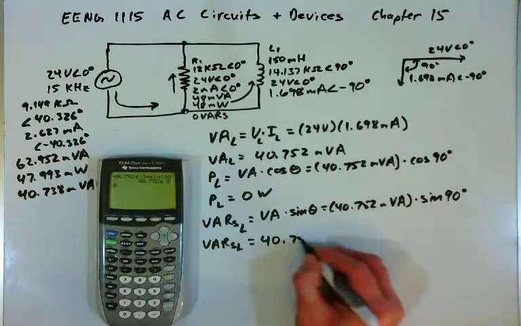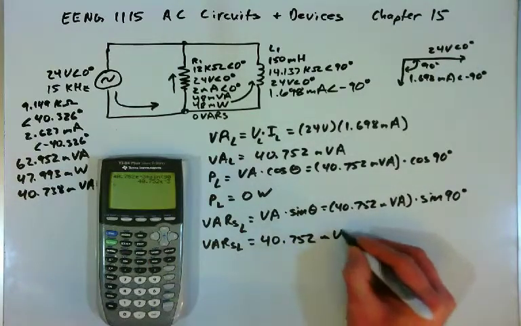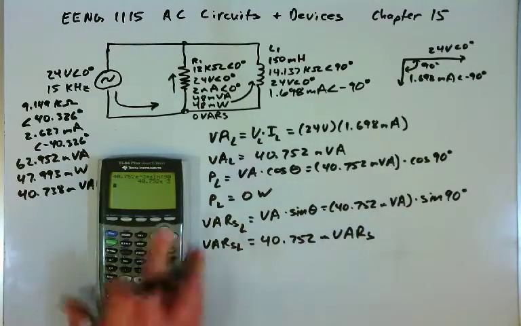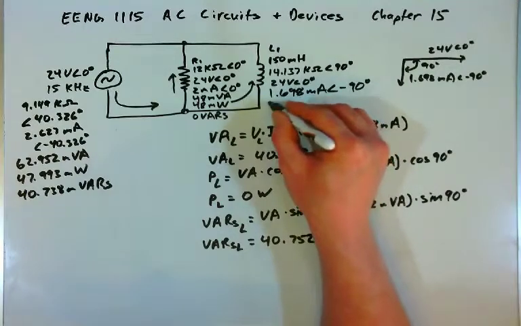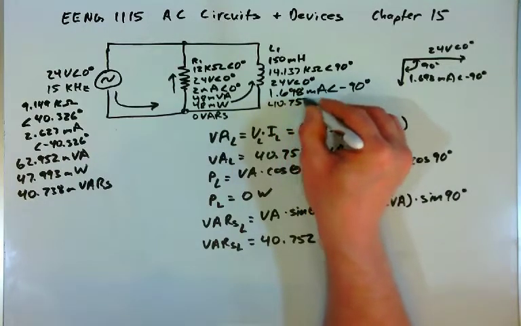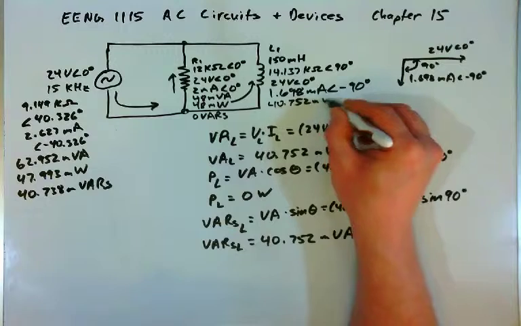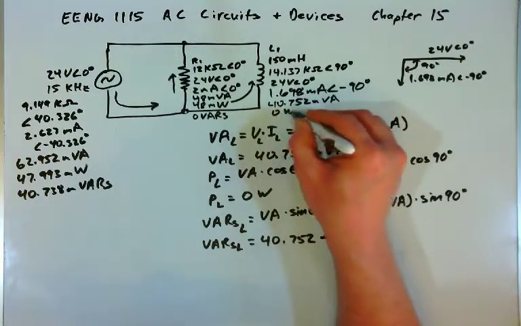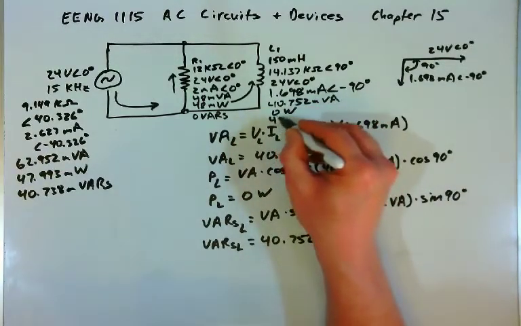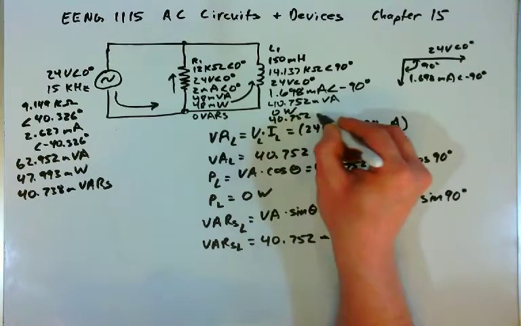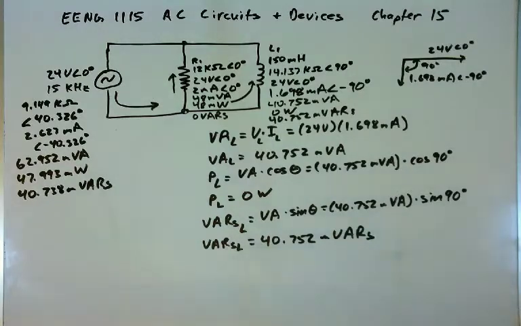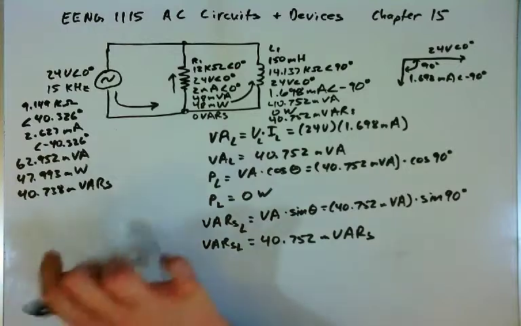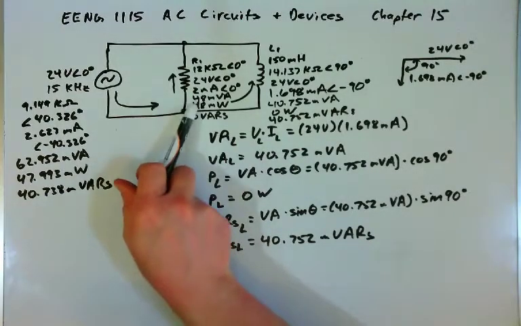And so we get 40.752 millivolt amps reactive. Again, I'll try to fit these in here. I've got 40.752 millivolt amps, 0 watts, and 40.752 millivolt amps reactive.